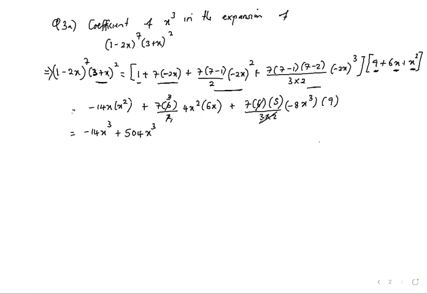Again, we get 7 by 5 by 8 by 9, and it's minus. So we have 2520 x power 3. So we can now put this together. So minus 14 plus 504, minus 2520. So this is going to be minus 2030 x power 3.